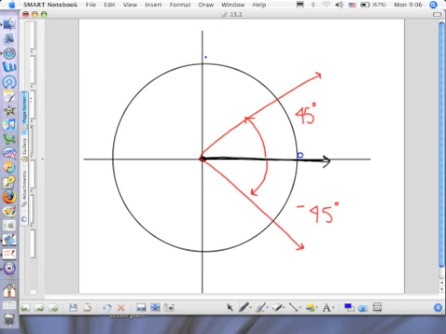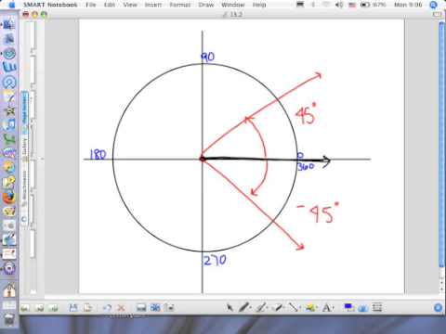It's 90 because it's 1/4 of the circle. And what's this here? It's half of the circle, which would be 180. And what's this here? 270 degrees. And if we went all the way back to the beginning, we would be at 360, correct?